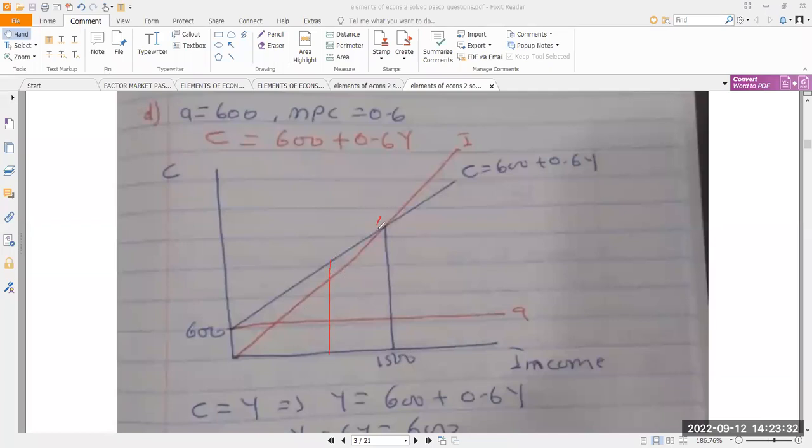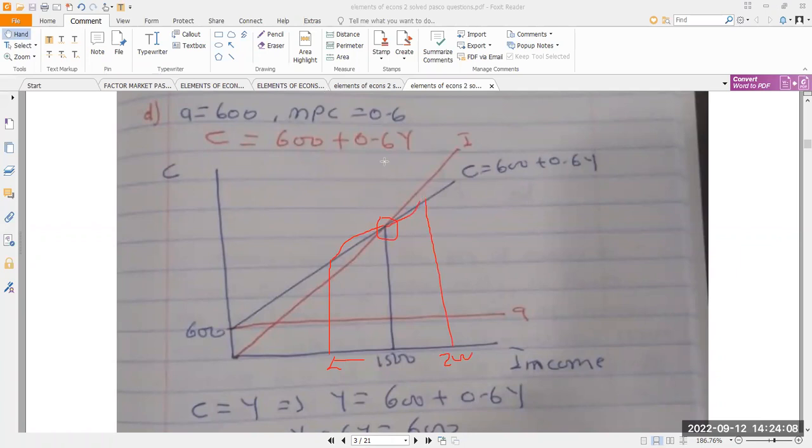Assuming we start from this point here, income was 1,500. If income should reduce to say 1,000, then we move from this point to this point. You see that we are moving along the consumption curve. If income should increase to say 2,000, then we'll still move what? Along the consumption curve. So this is movement along the consumption curve. We only change income. All the other factors affecting consumption remain constant.